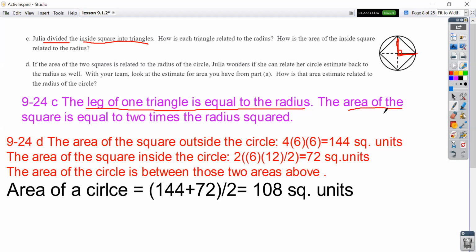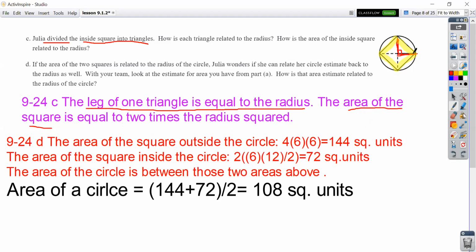The area of the square, all right, this is our square. The area of the square is equal to 2 times the radius squared.